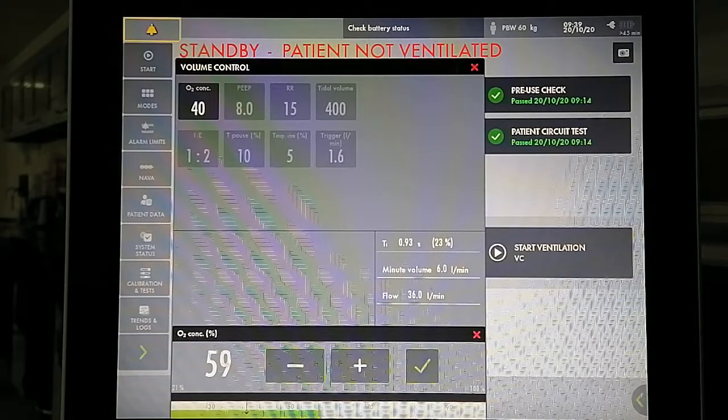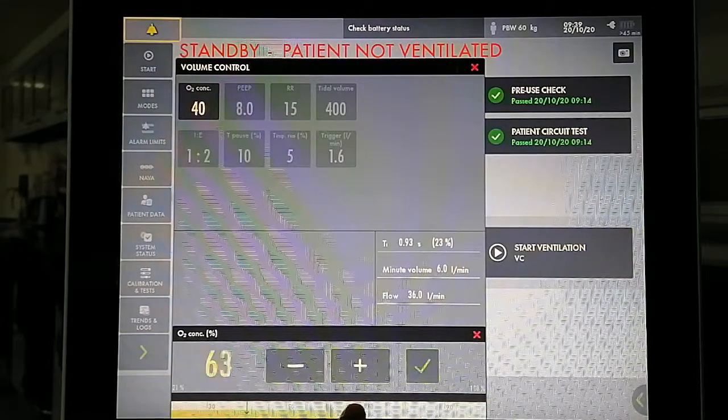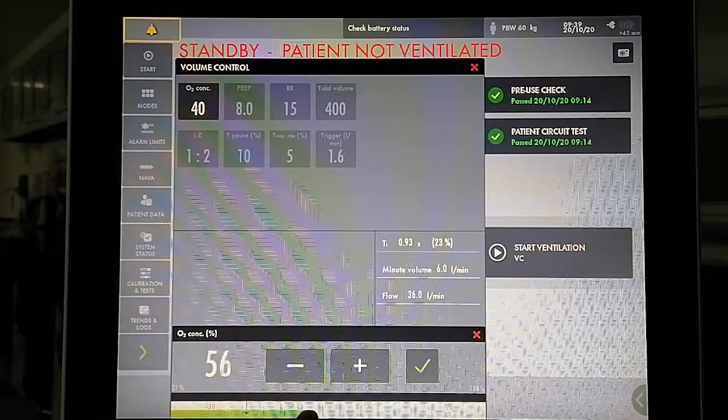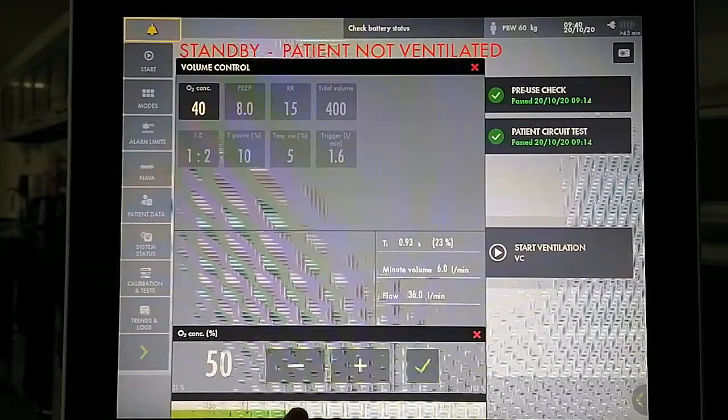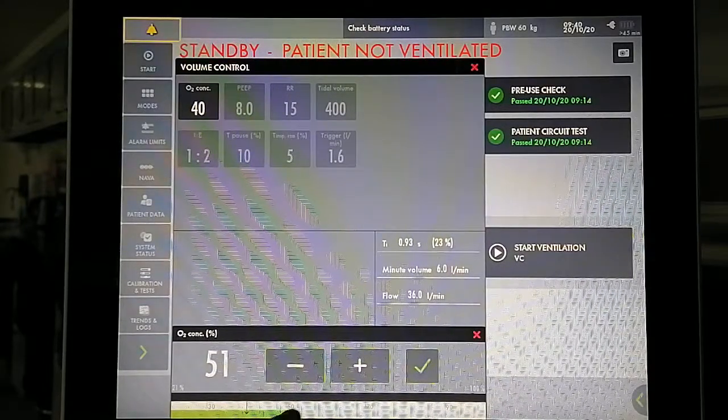So it provides us with a yellow cue, cautioning us about increasing the FiO2. It depends basically on your patient. So let's say it is set to 50.